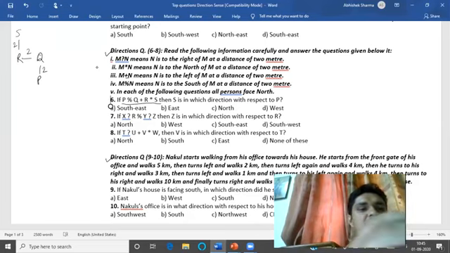Sorry, S is in which direction with respect to P?